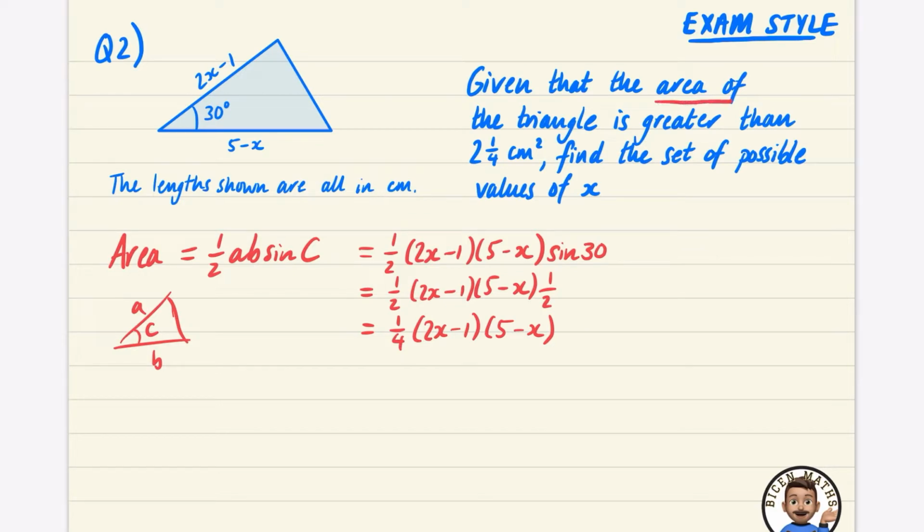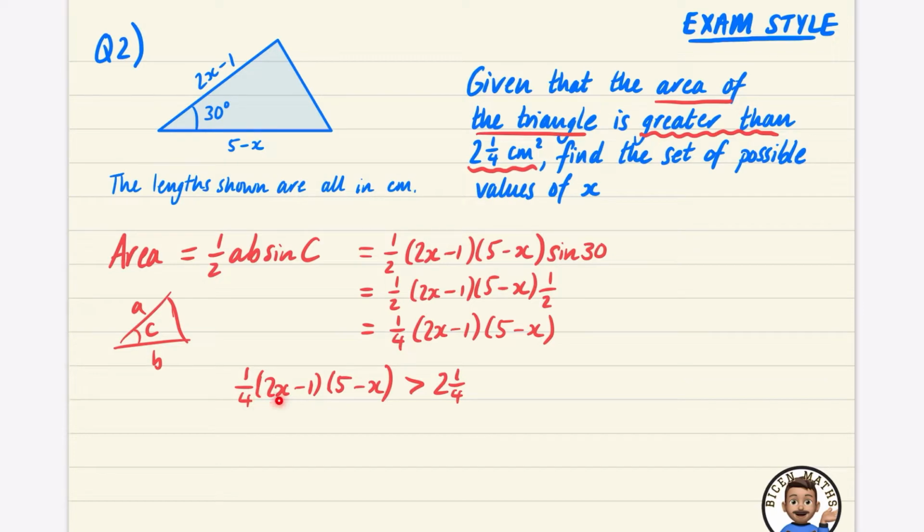So we found out the area of the triangle. Now let's do this next part where we want to say that it is greater than 2¼ centimeters squared. So we want the area of the triangle to be greater than 2¼. 2¼ is 2.25, right?